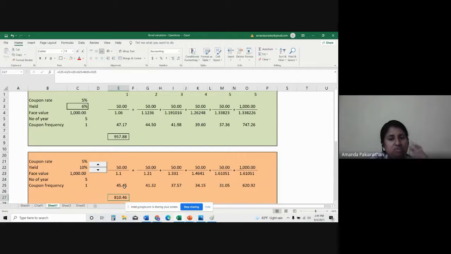It's static. No change in that. But let's say one investor is okay to only get 6% return. He expects 6% each year. So for him to earn a 6% return for a year, he is willing to invest in a bond which is worth 958.